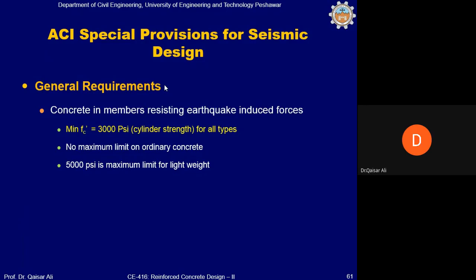It looks a bit awkward that high strength is not allowed in lightweight concrete. The reason is that there is not enough data available to predict the anticipated behavior of the structure during an earthquake if lightweight high strength concrete is used.